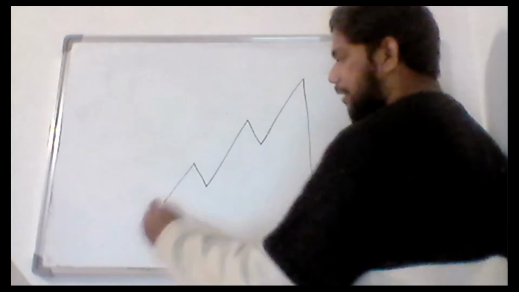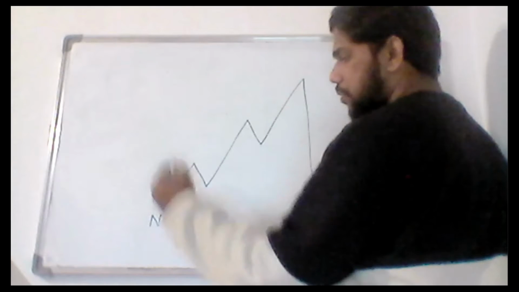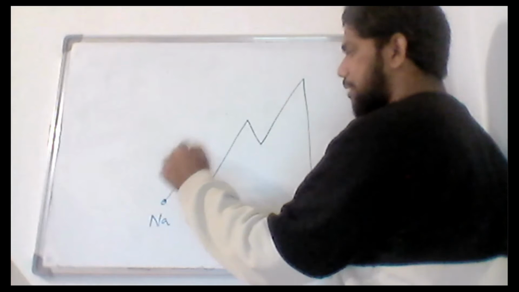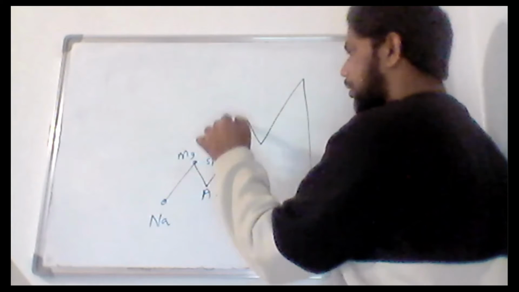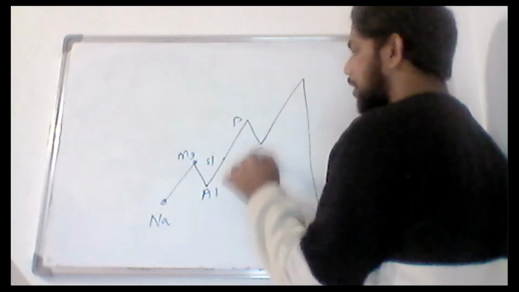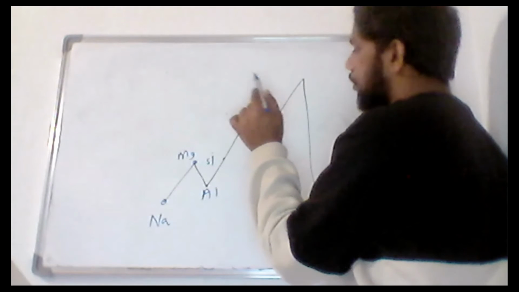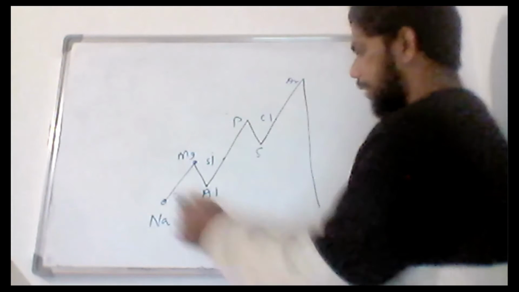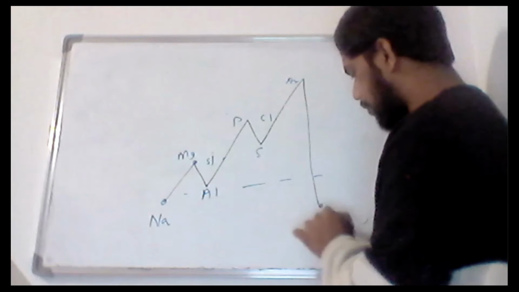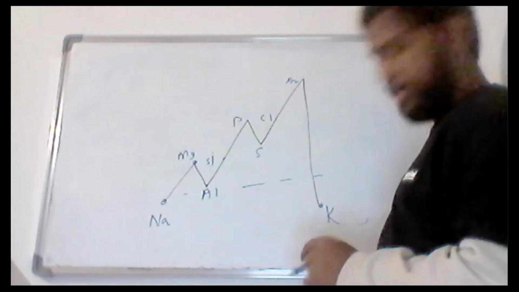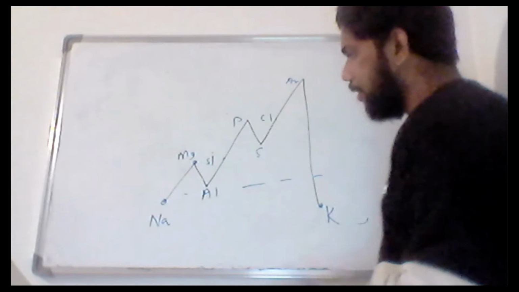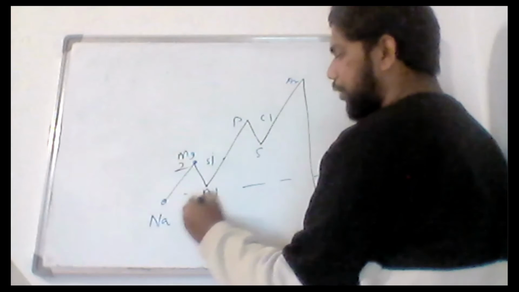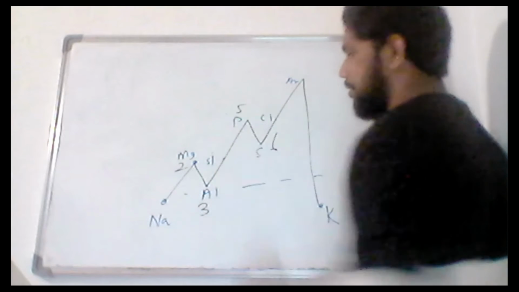So you have here sodium, then magnesium, then aluminium, silicon, phosphorus, sulfur, chlorine, argon. Then in the next period, even lower, potassium. Okay. So always remember there is a pushback from 2 to 3 and 5 to 6.